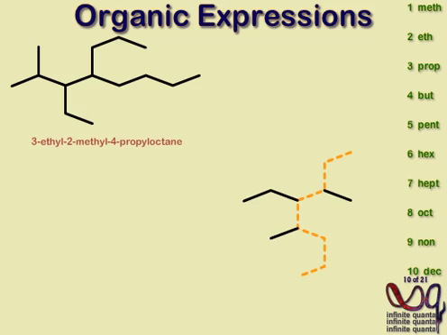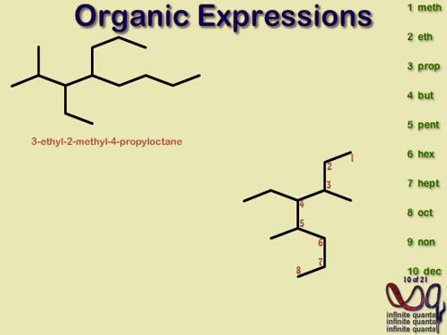Okay, so I keep that in my head for a moment, and then I figure out where the first branch is. Let's see, 1, 2, 3. Okay, we'll start 1 over here, 1 through 8. That makes it easier to see the branches and the positions.